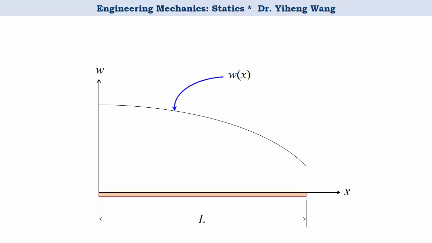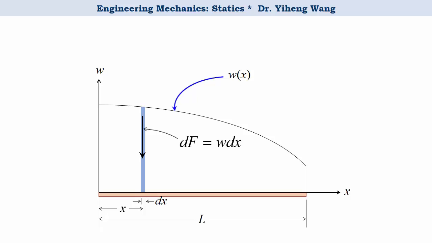Now we can reduce this into a two-dimensional problem. w(x), the load intensity function, which appears just like the pressure function, now represents the distributed load acting on the board. Since w is force over length, the total force over a very small length dx at an arbitrary position x is dF equals w times dx.